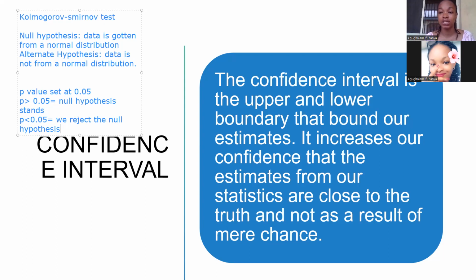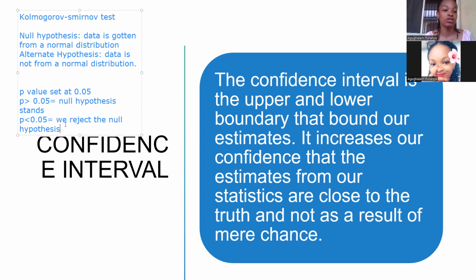And besides, normality testing does not confirm that your sample was drawn from a normal distribution. It just gives you a probable idea. It says that there is a likelihood, a chance, that this sample was drawn from a normal distribution.